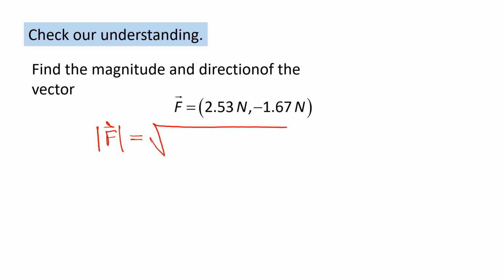It's going to be 2.53 squared plus 1.67 squared, so you square each one, add them, and then take the square root. You may need to brush up on your order of operations. In doing these videos, I have to assume a certain skill level in order to not reinvent the wheel every time. So 3.03 newtons is your magnitude.